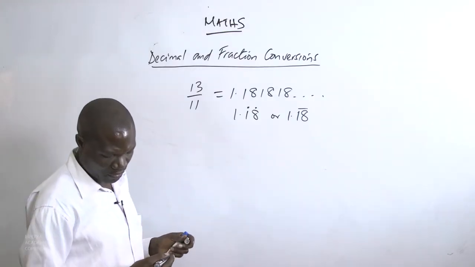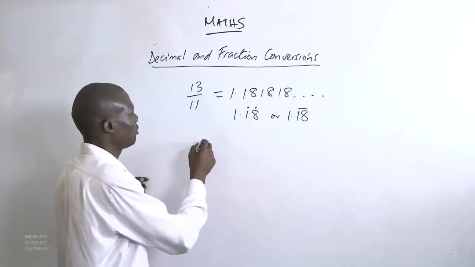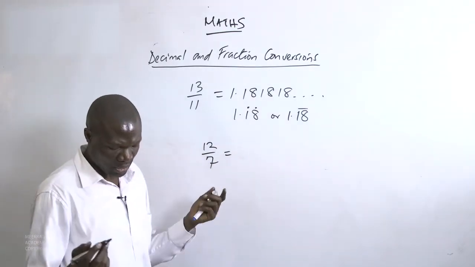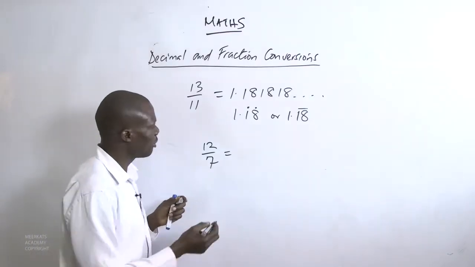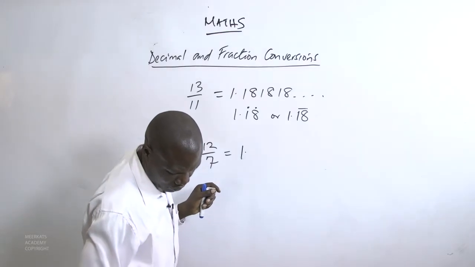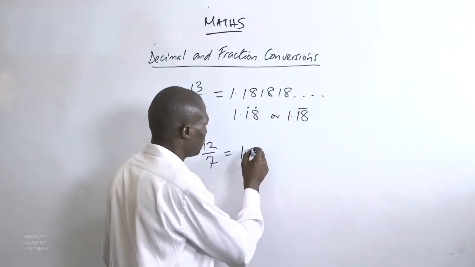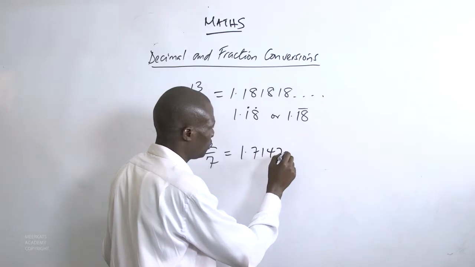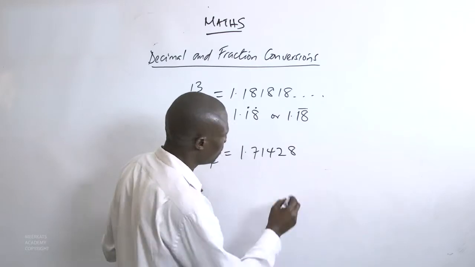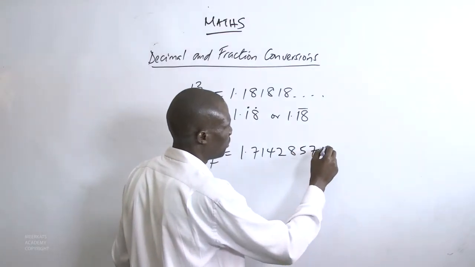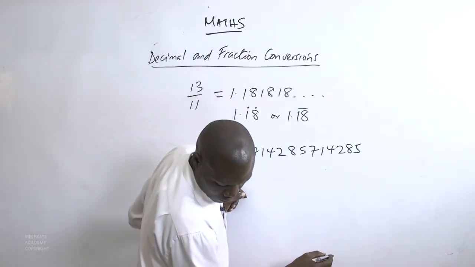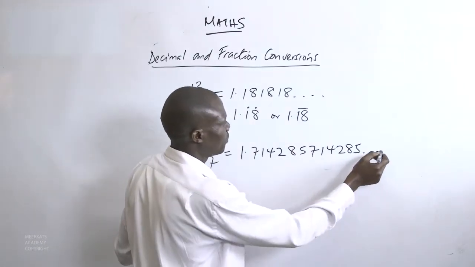Another one, when we have more figures recurring, let us look at 12/7. When you use your calculator and divide, you'll find that 12/7 is the same as 1.714285714285, and so on.